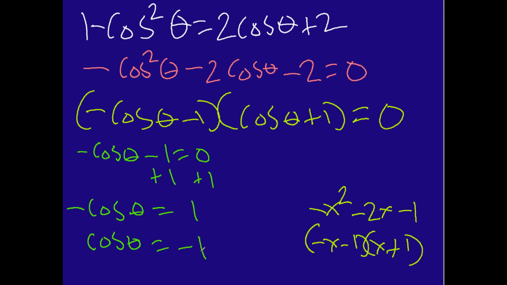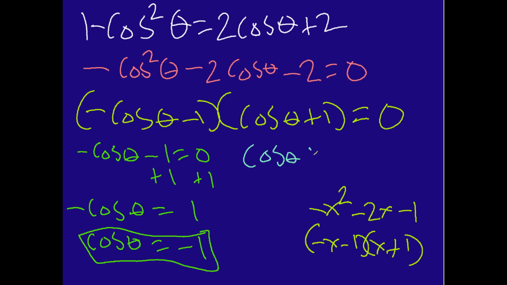And this answer should definitely look familiar because that's the answer we got when we were doing the quadratic formula. And then of course, if I do the inverse, I can find out that arc cosine equals pi.